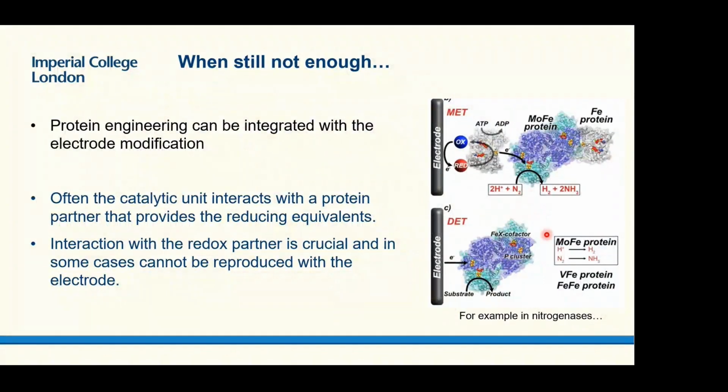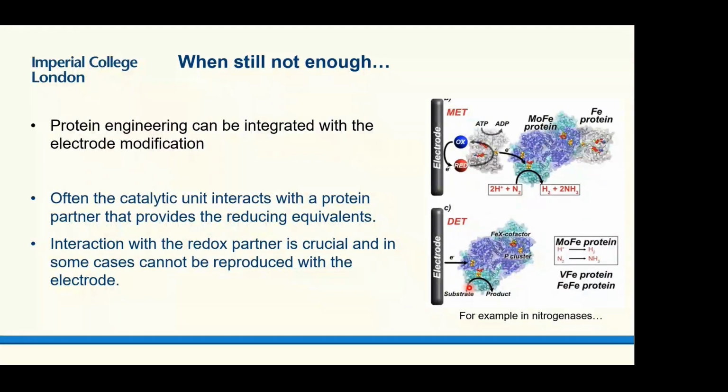People have immobilized the catalytic unit of the nitrogenase on the electrode surface, and in this case they can electrically connect this catalytic unit to the electrode, and they can see very beautiful electrochemical performance. They can see the non-catalytic peaks in the CVs of the different cofactors in this unit.